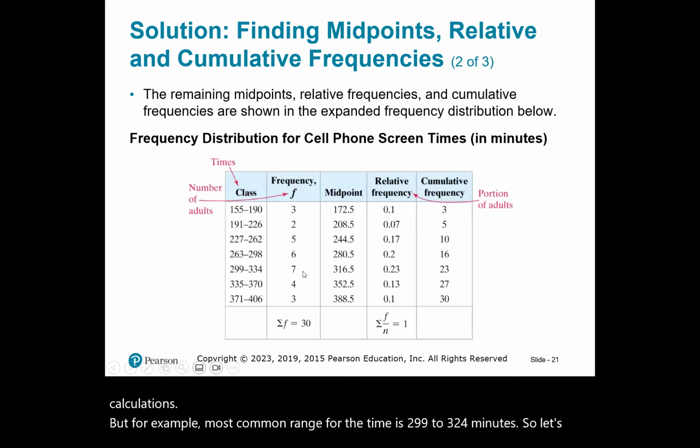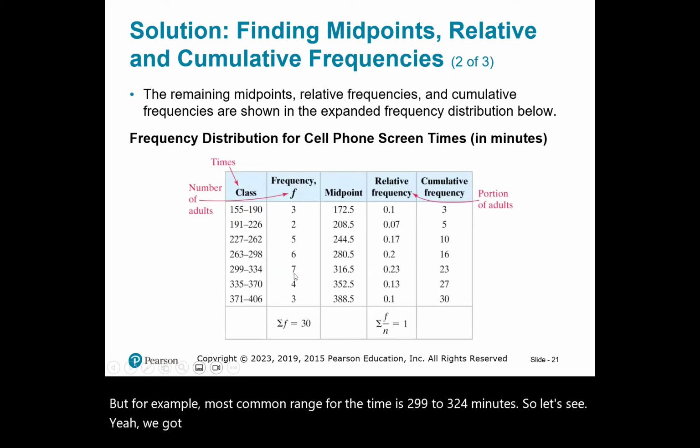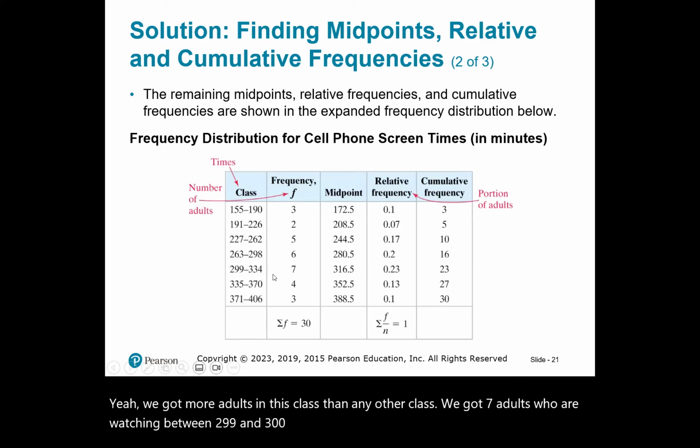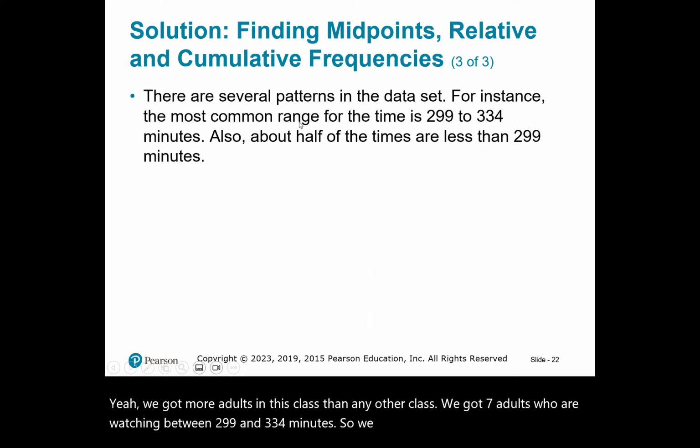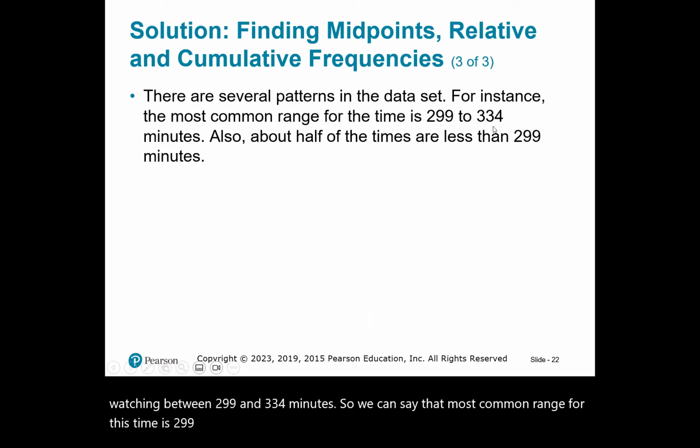Yes, we got more adults in this class than any other class. We got 7 adults who are watching between 299 and 334 minutes. So we can say that the most common range for this time is 299 to 334. Also, about half of the times are less than 299 minutes.